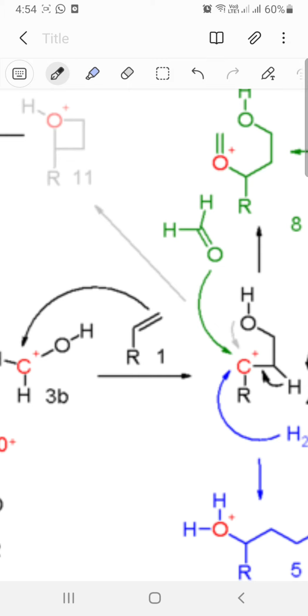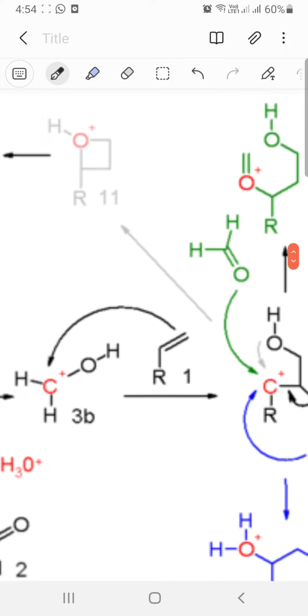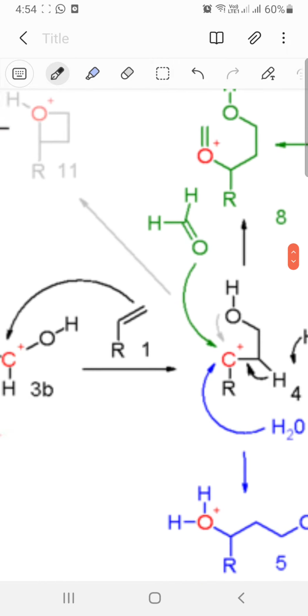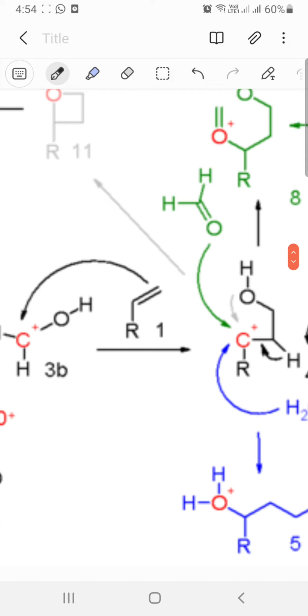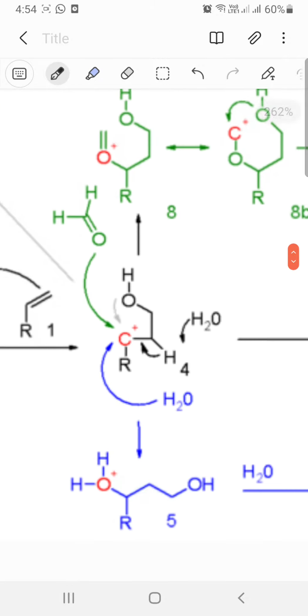So this little part is the formaldehyde, and this is the alkene attached over there. And the alkene is a terminal alkene, so it has that hydrogen over there.